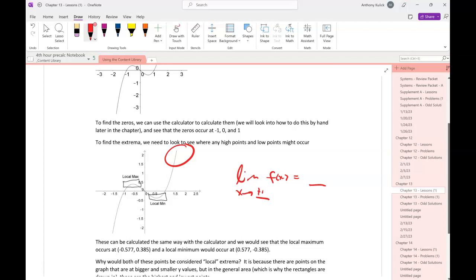Positive, so I'll write down here, positive infinity. And the arrow's pointing which direction? Up, so that means the y is positive, so write positive infinity. What would I do for this one? That's it. That's all you're doing, you're looking at the picture and writing down what you see. You're just using that notation.